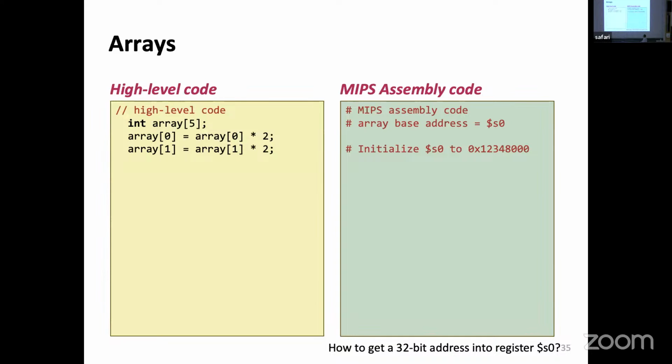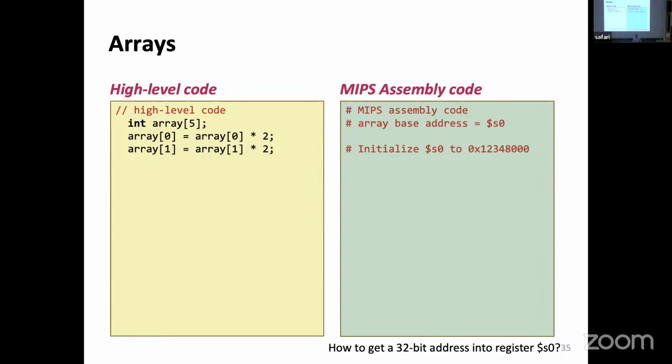So this is, let's say, high-level code. And in the MIPS assembly code, I want the base address to be in S0. Now, here comes the interesting thing. The base address is 32 bits.